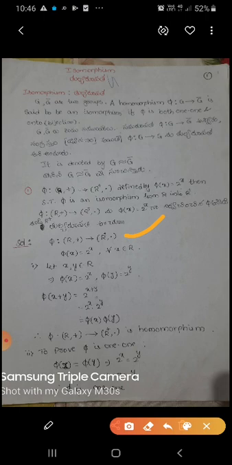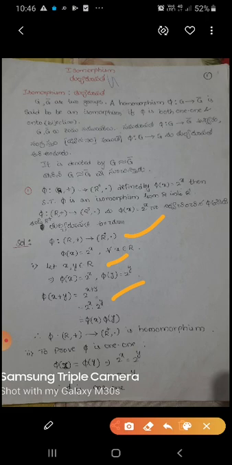So first, to prove phi is homomorphism, let x, y belongs to R, phi of x equal to 2 power x, phi of y equal to 2 power y. Consider phi of x plus y equal to 2 power x plus y, that equals 2 power x into 2 power y, that equals phi of x into phi of y.